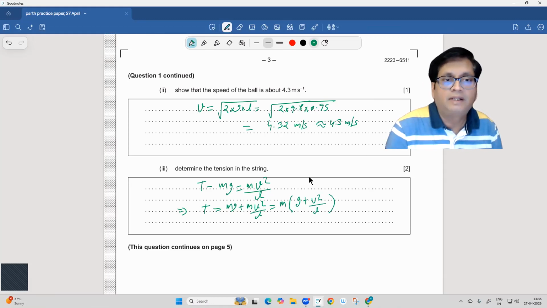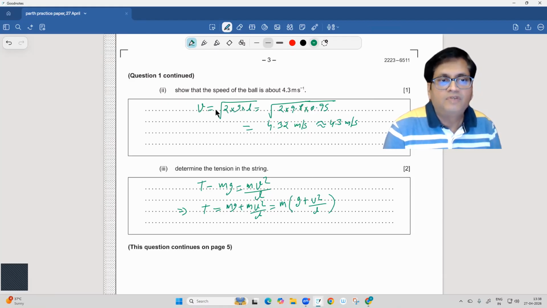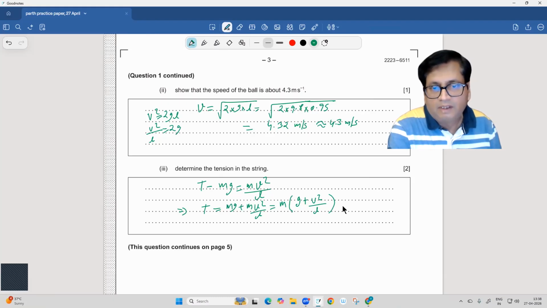Now v square by L is simply 2g, right? Can you see that? v square is 2gL, so v square by L is equal to 2g. I can put that here. So it is m into g plus 2g, it's equal to 3mg.